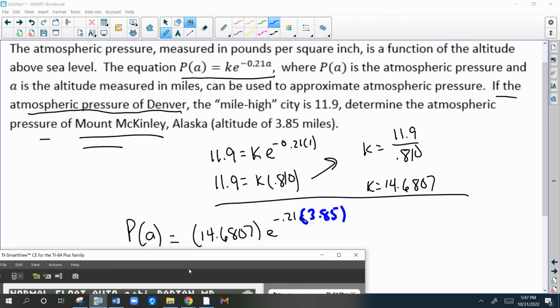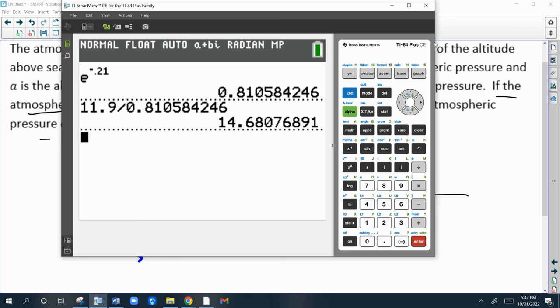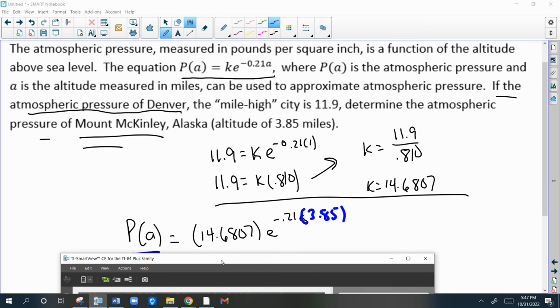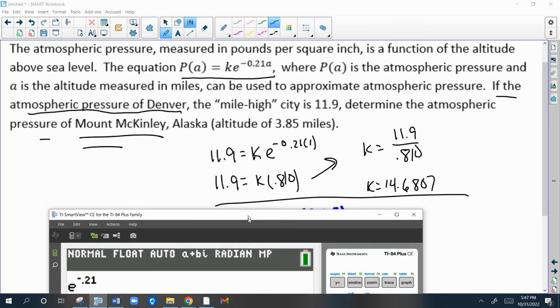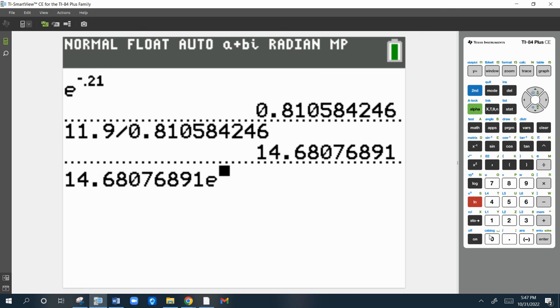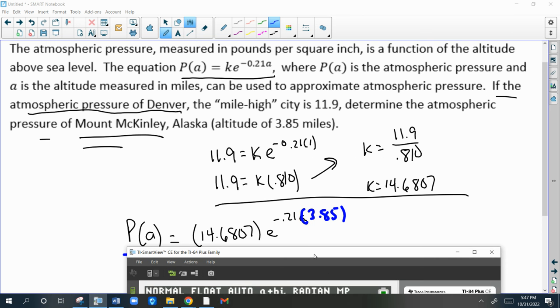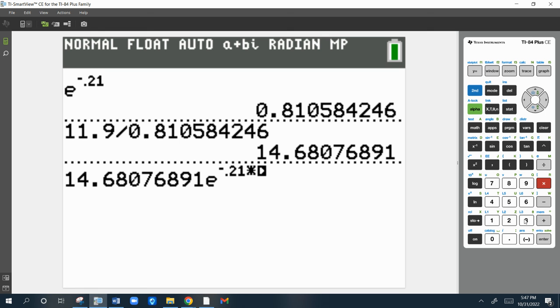So I already have the 14.6807. I am going to now multiply this by e to the negative 0.21 times 3.85, which is the altitude in miles.